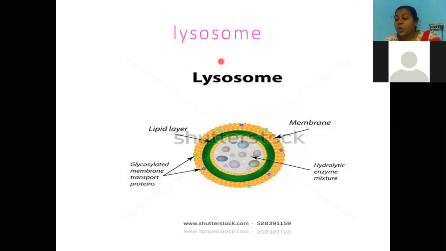In such a case, the lysosomes release certain enzymes. These enzymes break down the macromolecules in our body so that our body gets energy. For that, these lysosomes lyse our own body materials.